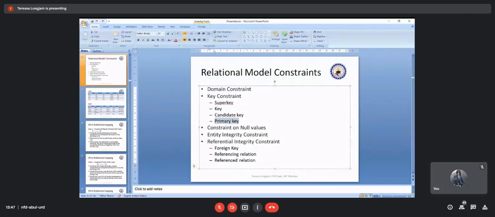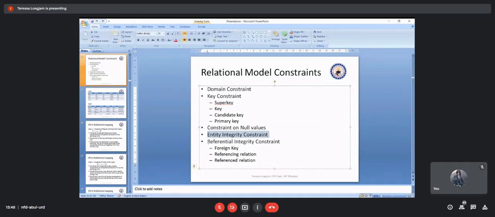This is related to the primary key again. If we define the key constraint, this already comes with it, and we do not need to define it again. If a particular attribute is defined as a primary key, then for sure we can't put a null value in it. Null values are not allowed for a primary key.